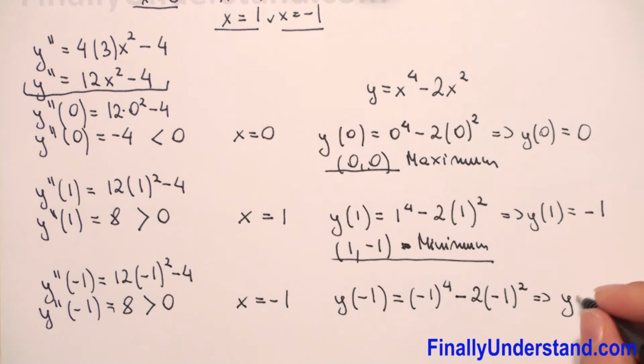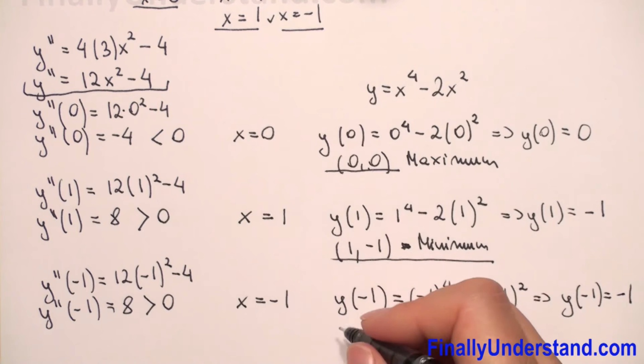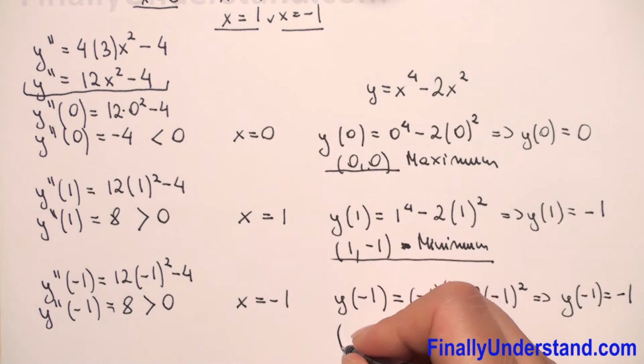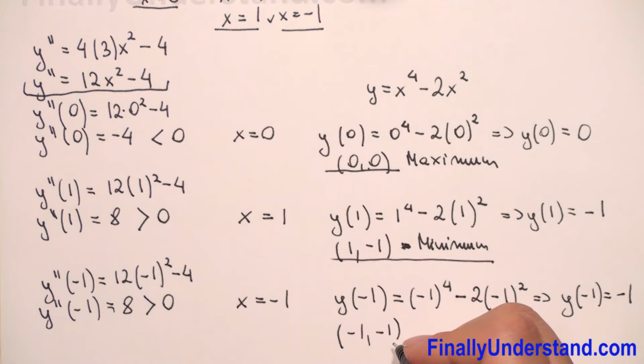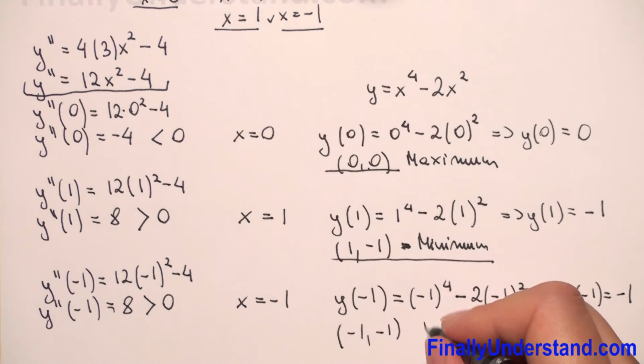It means our y of negative 1 is equal to 1 minus 2, which is negative 1. So we have the third point, negative 1, negative 1. And at this point, we have a minimum.